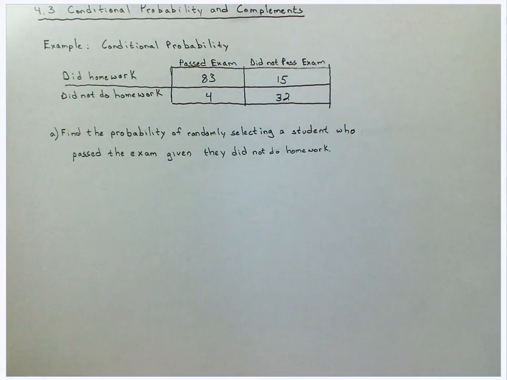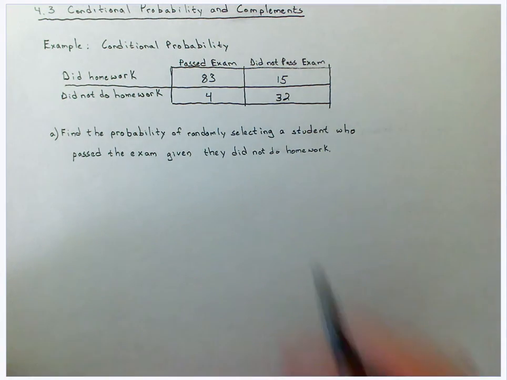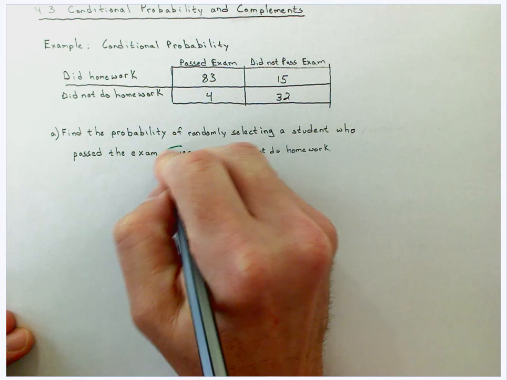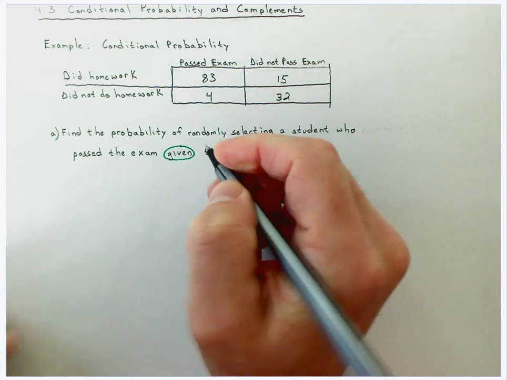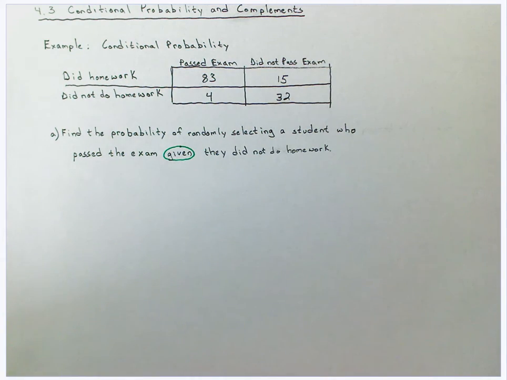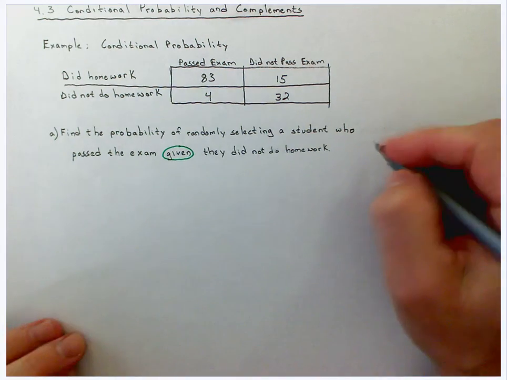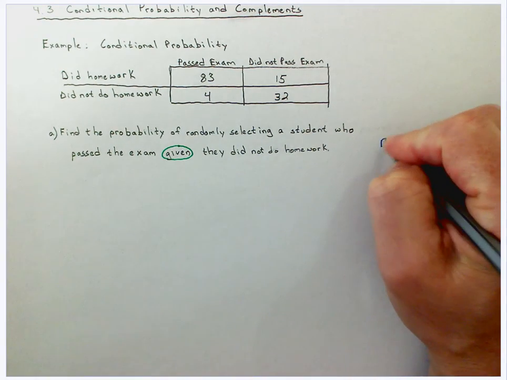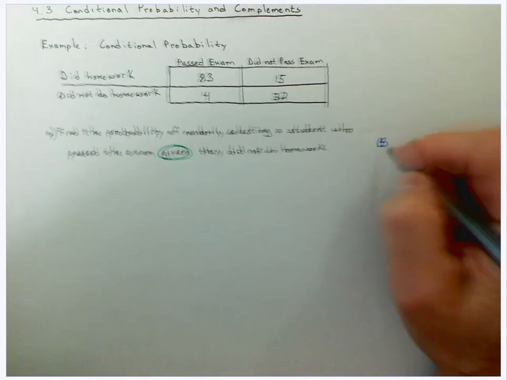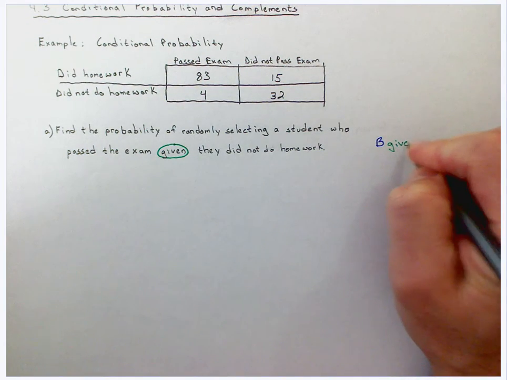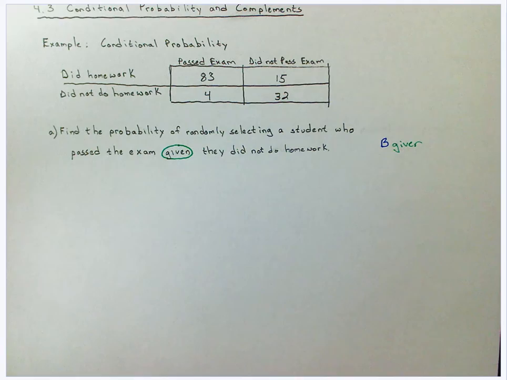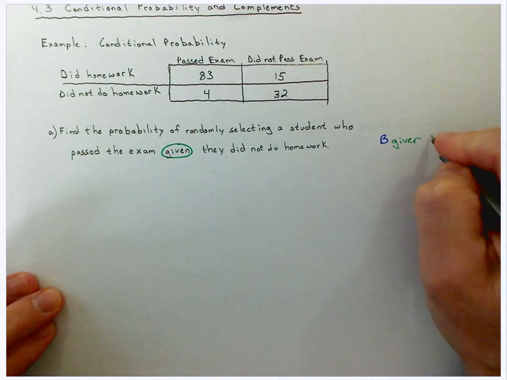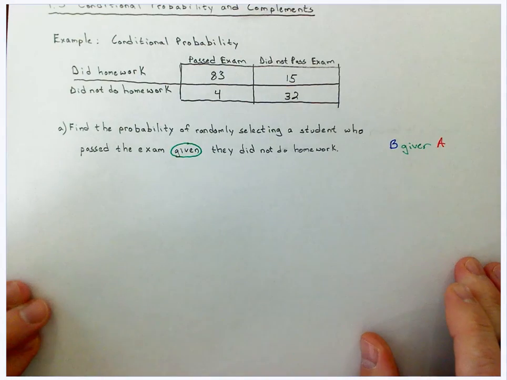So the first thing that we're going to do is we're going to mark the word given in the statement. So there you go. Now we'll use green because that's what I was using in the formula. And then to the left is event B. To the left of the word, because remember what we have here is that we have B given A, and that's the structure that your sentence will be in also.